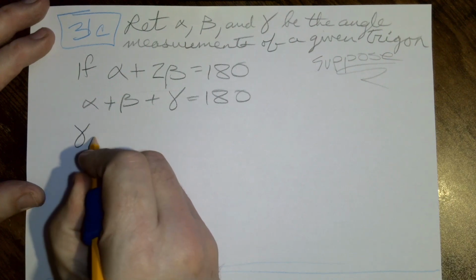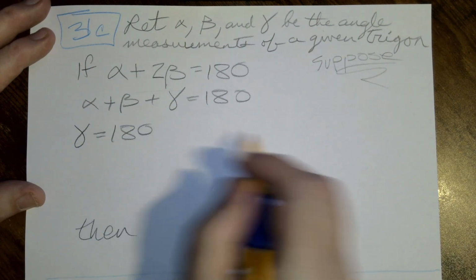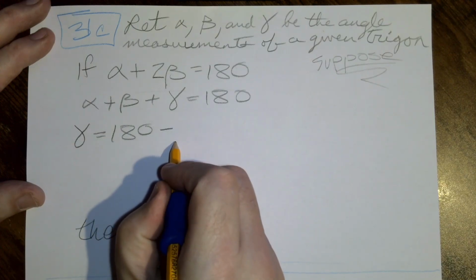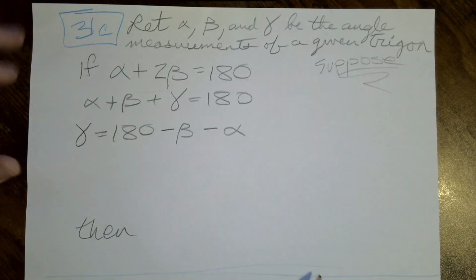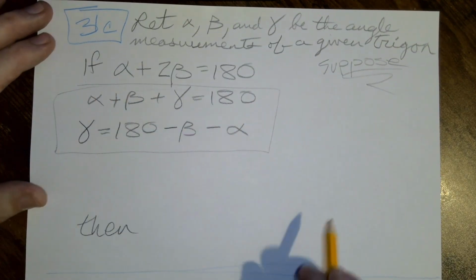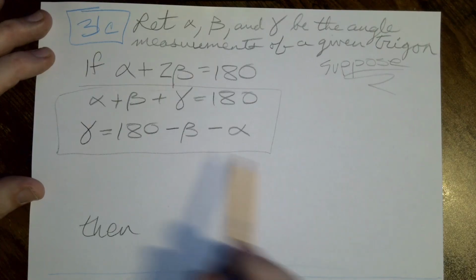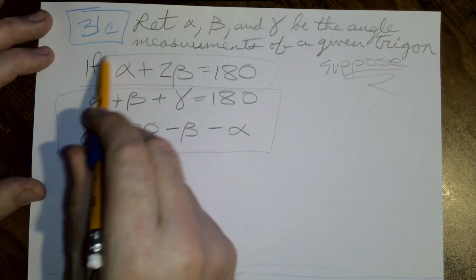So gamma is going to be equal to 180 minus beta minus alpha. And we're just using those two right at the moment. Now we're going to use this.